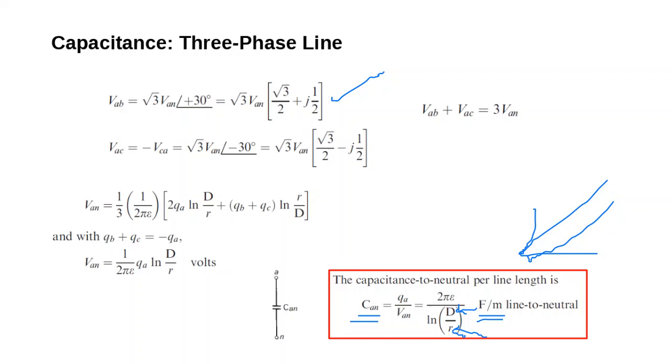When they have unequal phase spacing, we do transposition. Therefore, we can neglect the unequal phase spacing because it will not accumulate as the line length increases.